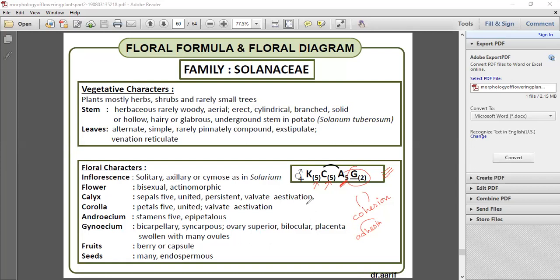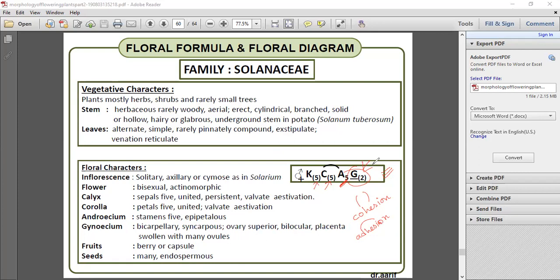Superior ovary is 100% correct. Don't you think about how many gynoecium there are? Two. Please show adhesion or cohesion. These two G are showing adhesion. Very good, beta. So it is showing cohesion. See how well you can predict so many things about the family by yourself.